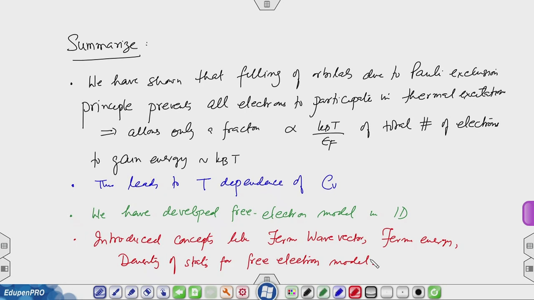And we will take these concepts over as we develop solid state physics further, but we are going step by step. So, next lecture I am going to do all this for 3-dimensional electron gas.